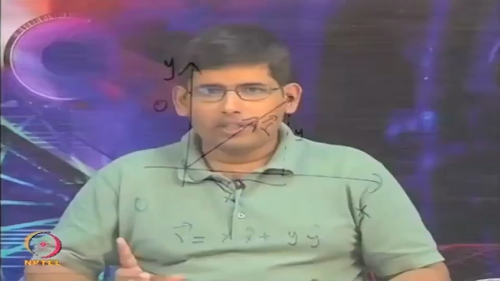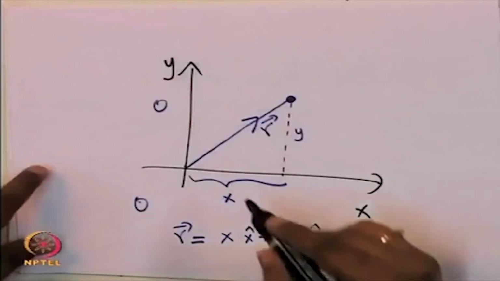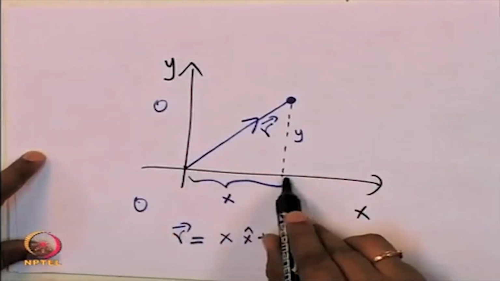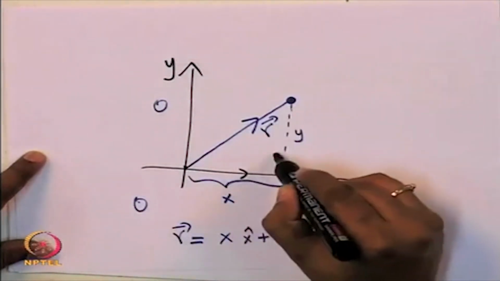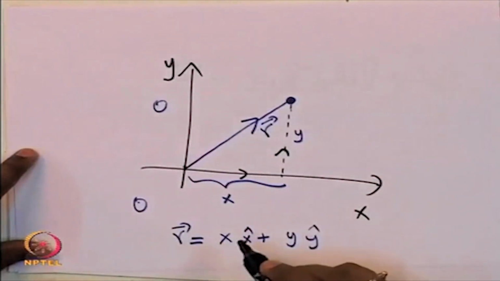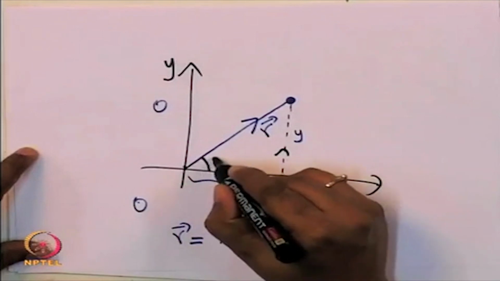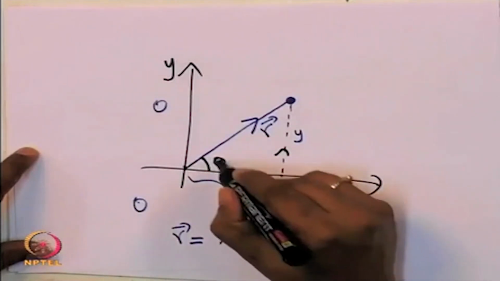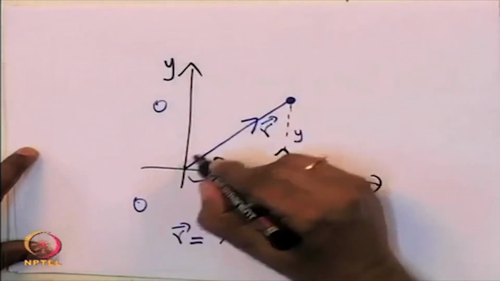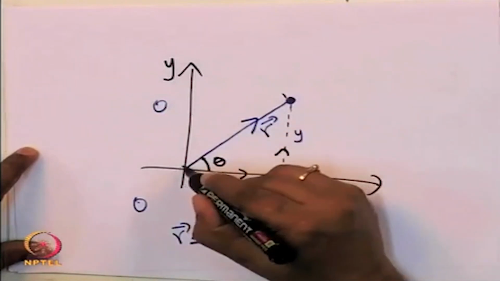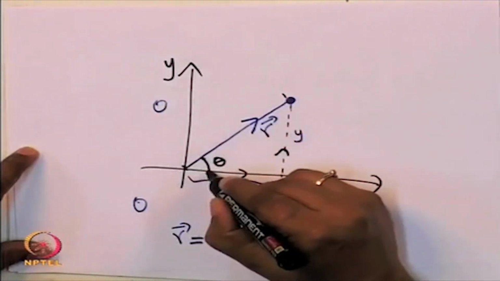Now, if you think about it, you can get exactly the same information in a different way. Instead of saying that I go x distance along this and y distance along this, I can go at some particular angle theta from the x axis, and then go a distance of r in that direction.